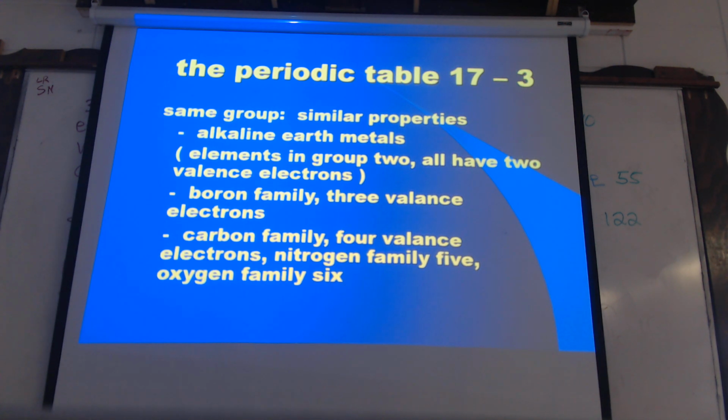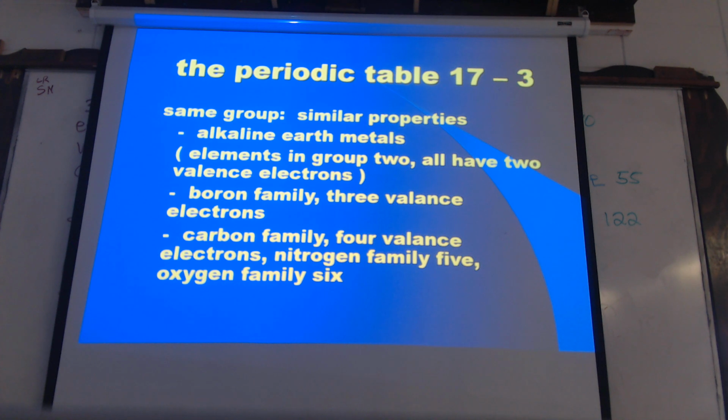So oxygen being in column 6, how many more electrons does it want? 2. So what is oxygen's charge? In other words, the exponent in the upper right-hand corner of oxygen's box.